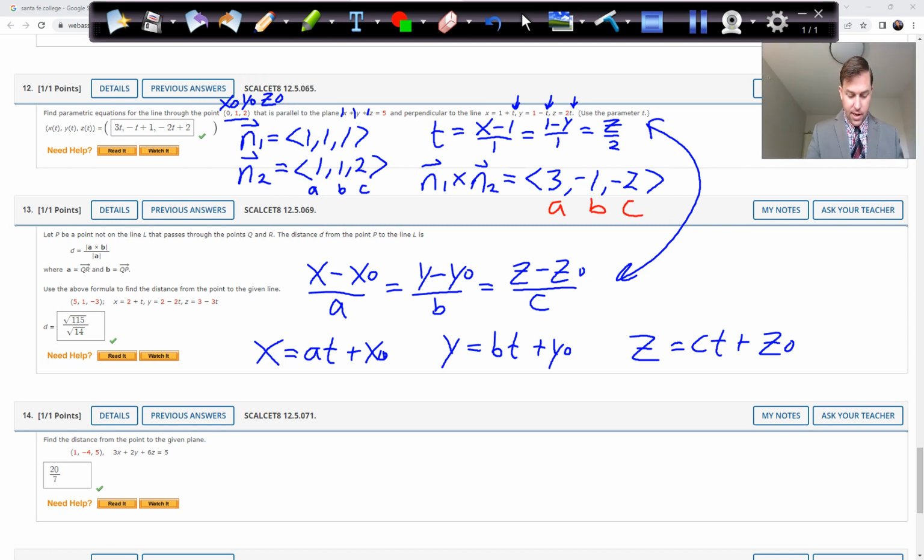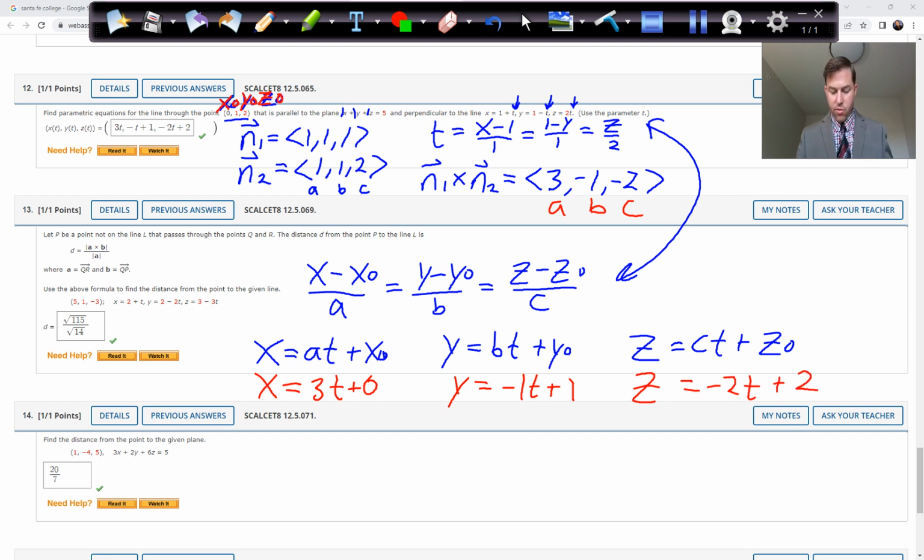So we're going to get x = 3t, and the x0, y0, and z0 come from this one. And x0 is 0, b is -1, y0 is 1 from up here, c from this vector is -2, plus z0, which was 2 from the original point.